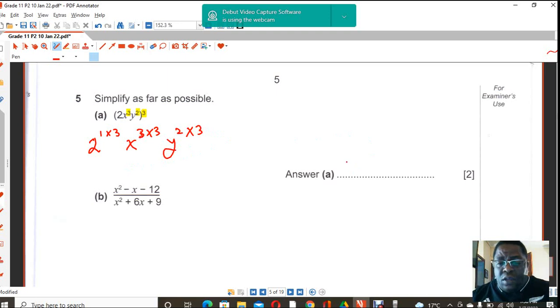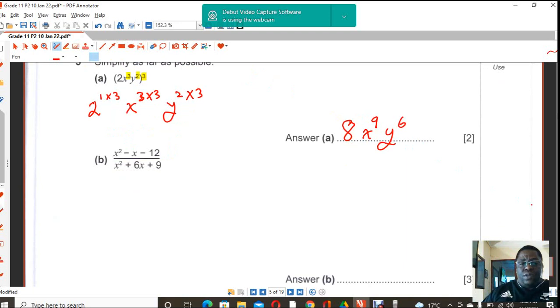At the end of the day, you have got 8x^9y^6. Okay, a 6 looks rather bizarre, if I have to say so myself. So that's the answer for that question.